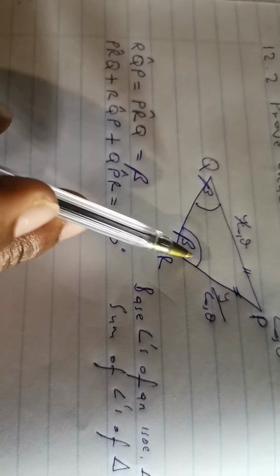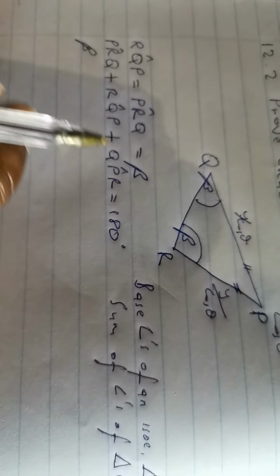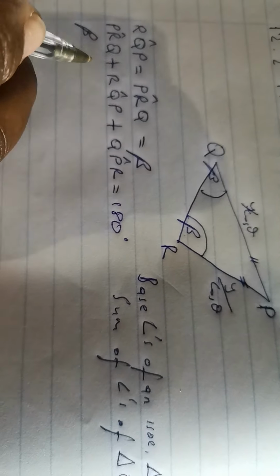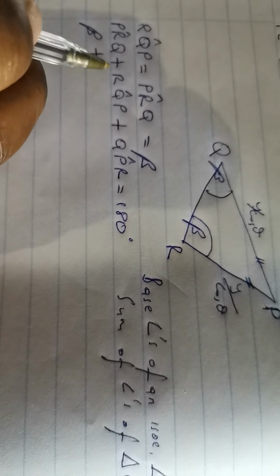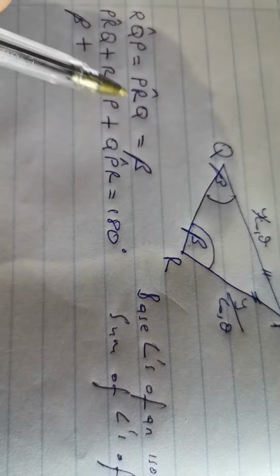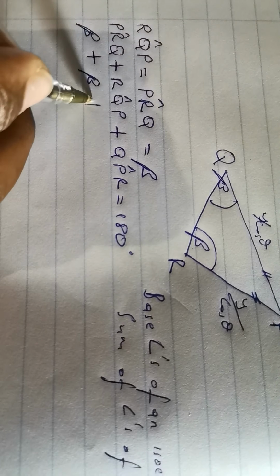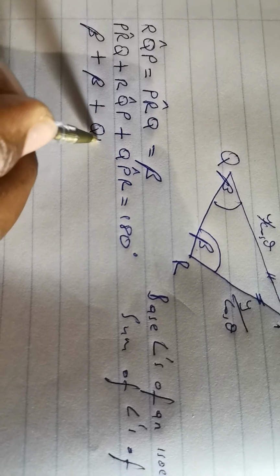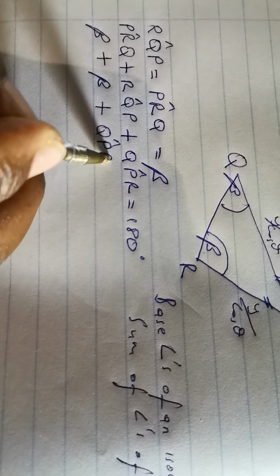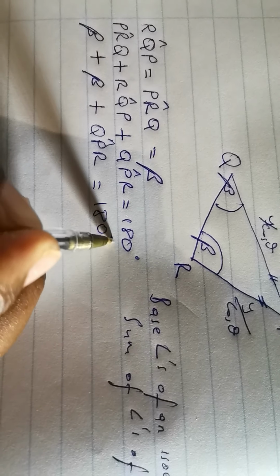So remember that angle PRQ is given to be beta, right? And then we've just shown that angle RQP, which is this angle here, is also beta. So beta plus the angle that we are looking for, angle QPR, is equal to 180 degrees.